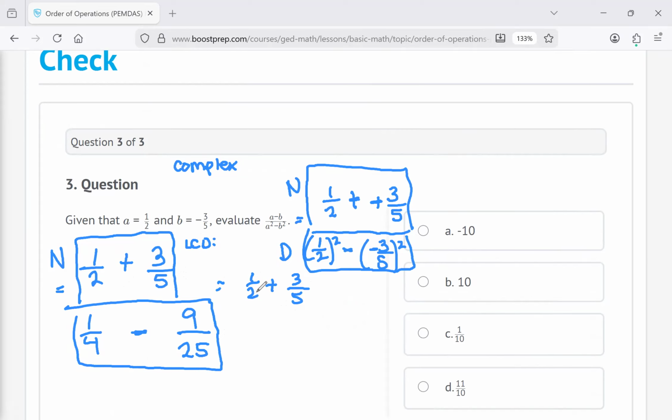So over here, what do we have to multiply 25 by to get 100? 4. So multiply top and bottom by 4. And then over here, what do you have to multiply 4 by to get 100? 25.